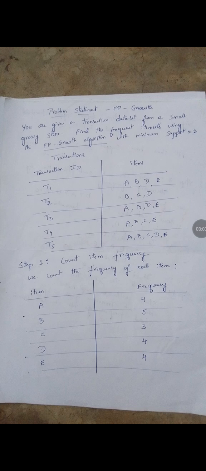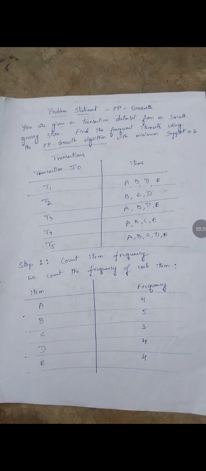For the support count of item C, in the T1 transaction it is not there. For T2, item C is there, and in T3 item C is not there. For T4, item C is there.